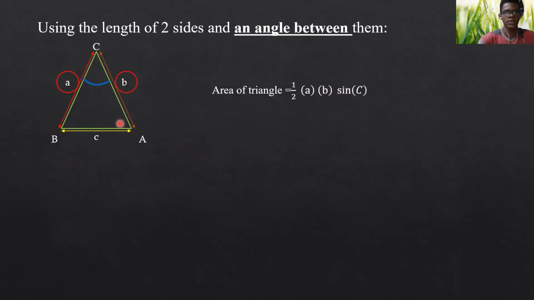So in this case, the formula here is half AB sine C, which is the angle here, right? That's it there. But it can be any one of the two sides. You can have BC sine A, you can sine the angle. So don't bother with these letters. I don't want you to focus on that.